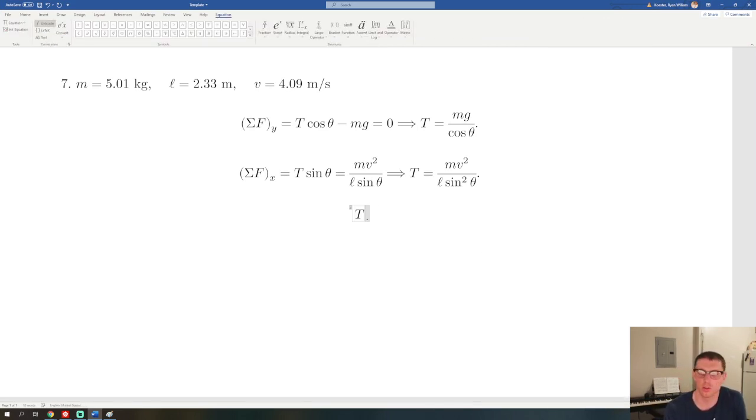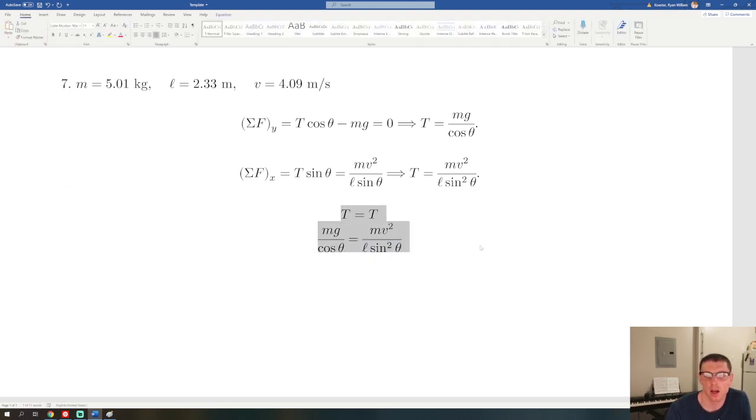So we just write T equals T. And what we find is mg over cosine theta equals mv squared over L sine squared theta. And we can get rid of a factor of m on both sides because it's common to both sides, so why not just cancel it?